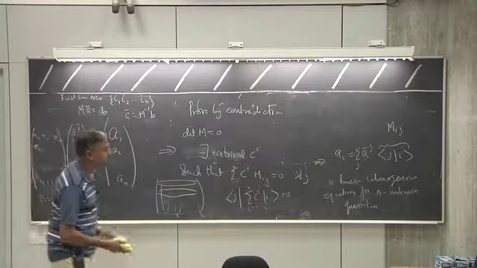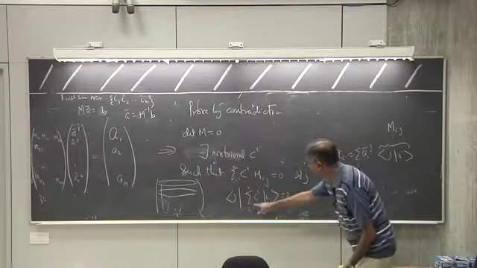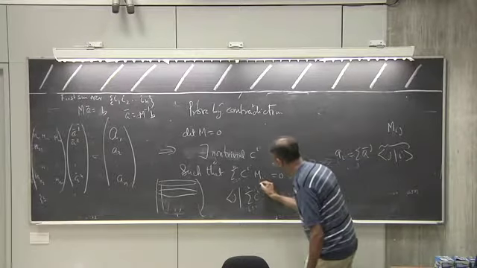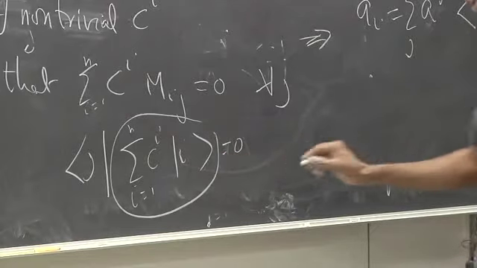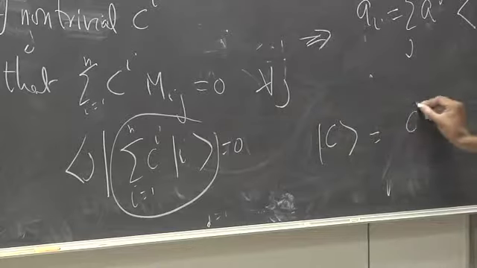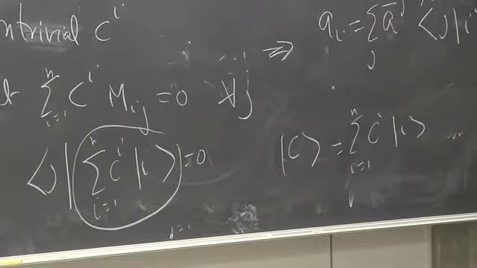Okay. So what does it mean then? We are saying that this must be 0 for all j. Well, this is some vector, just a linear combination of the basis vectors. Let's call this vector C. C by definition is simply Ci times vector I summed over I, right?